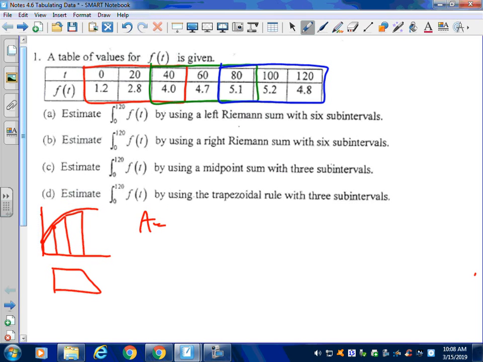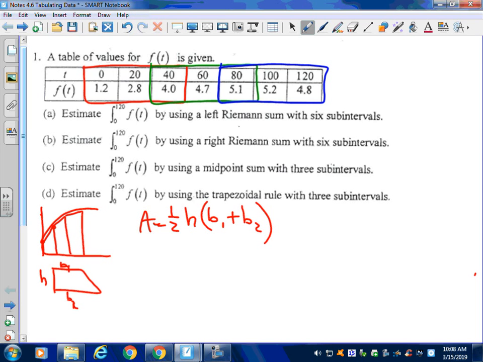So area of a trapezoid is 1/2 times the height times B1 plus B2. Is everybody with me on that? Now, your height is here on a normal trapezoid, and B1 is this, and B2 is this. Everybody agree?